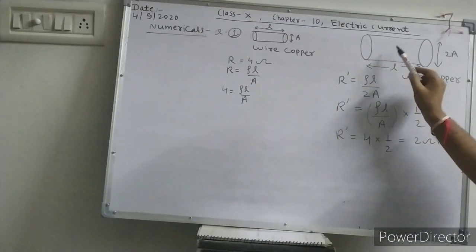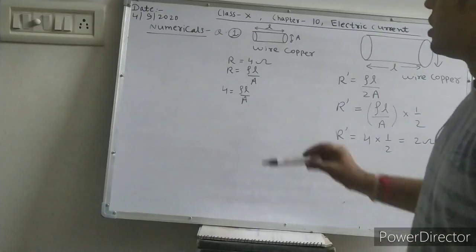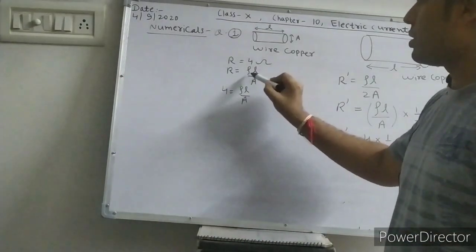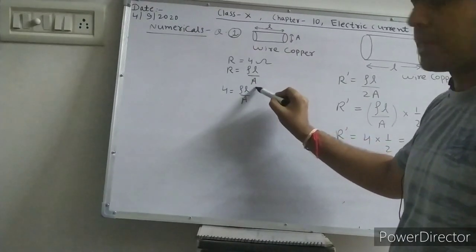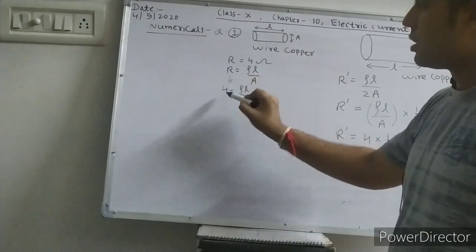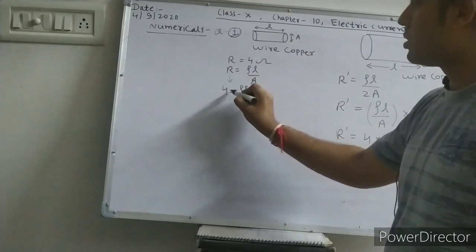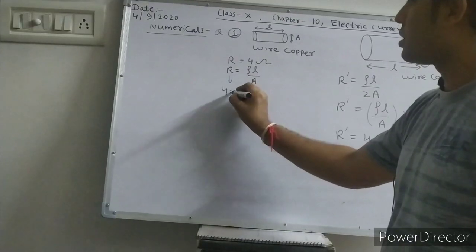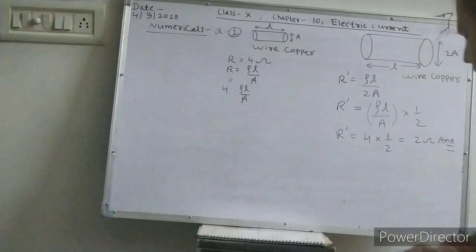Now calculate the resistance of the other wire. So R equals rho L upon A, and R is 4 ohm, so 4 equals rho L upon A. Understand?